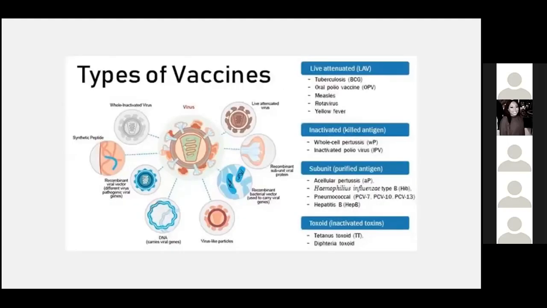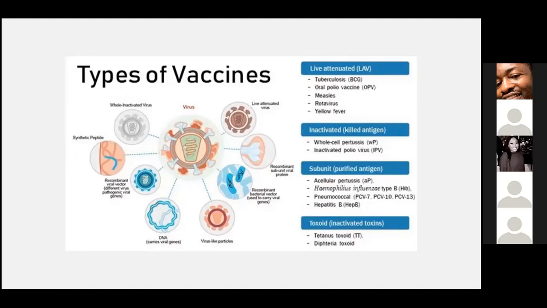And there are different types of vaccines. So we get the live attenuated vaccines, which refers to a weakened form of the virus that is injected into the body, or inactivated vaccines, which are produced from killed antigens. And then subunit vaccines are produced from a certain part of the infecting virus or bacterium.